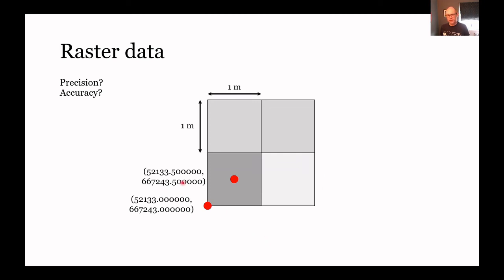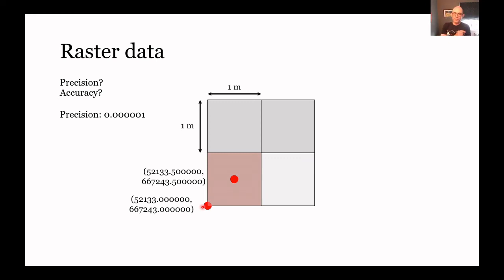Okay, and we can see that center is halfway up because we have 1 meter size pixels, and obviously we just add half a meter in each direction. That gets us to the center of the cell. A very easy calculation to make. So our precision, we're down to this level where we got this last decimal place there. Very high precision, great. But where's our information?